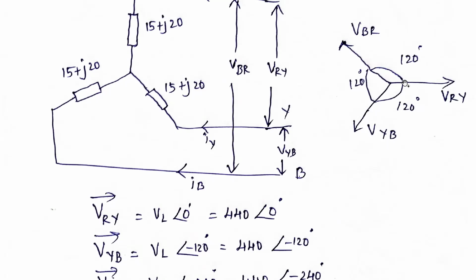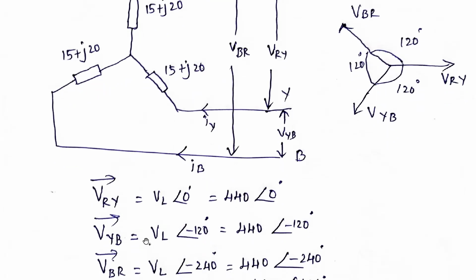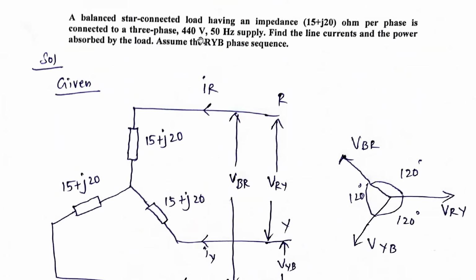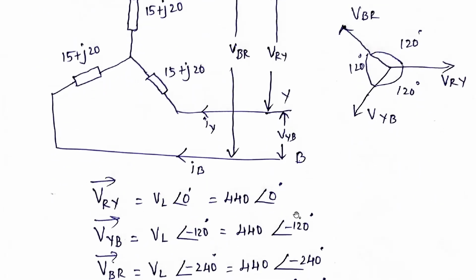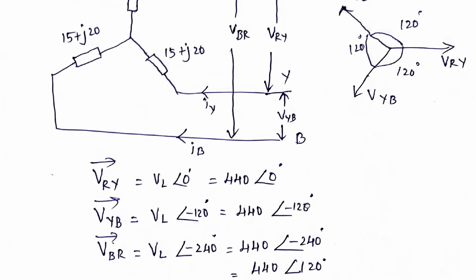From VRY to VYB, this is minus, because we are going in the clockwise direction. So this is minus 120 degrees: VL at the angle of minus 120 degrees, that is 440 at the angle of minus 120. Next is VBR. VBR is VL at the angle of minus 240 degrees, so again 440 at the angle of minus 240 degrees.